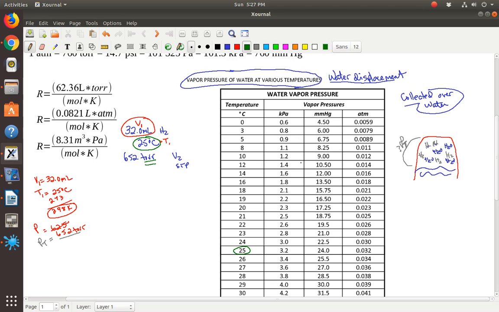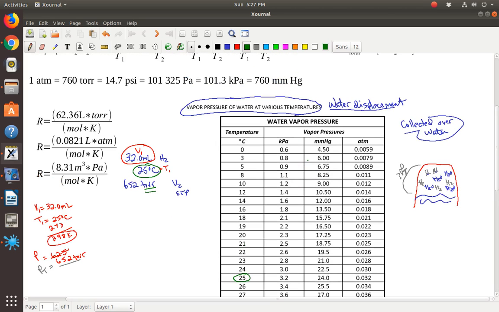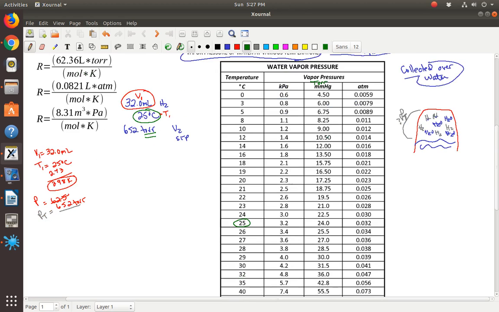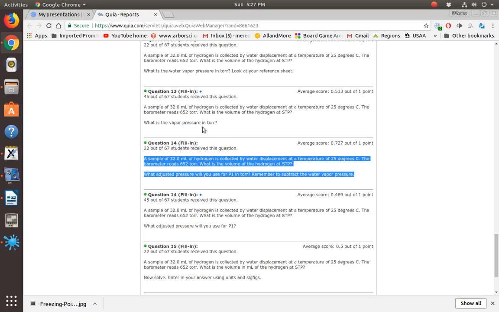Well, I didn't give you torr. But if you'll notice, right above here, 760 torr, 760 millimeters of mercury. They're the same, so you could just use this one as torr. So you go find the water vapor pressure in torr. It's 24.0 torr.